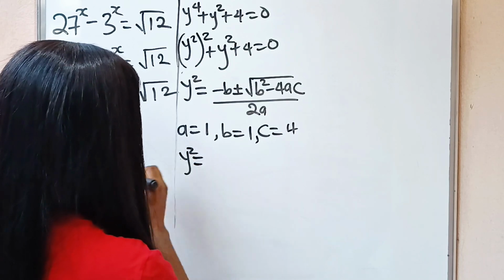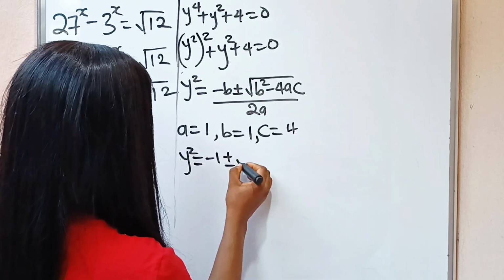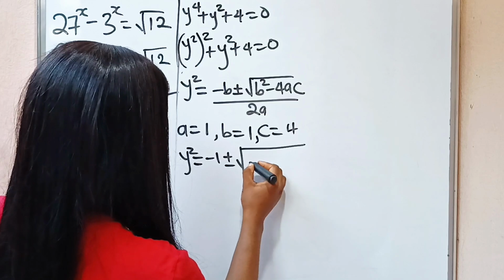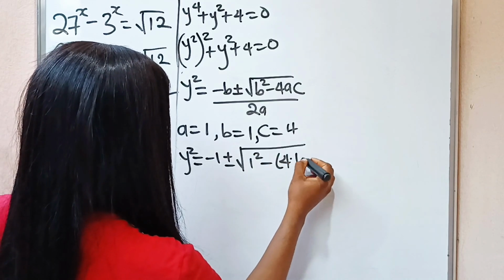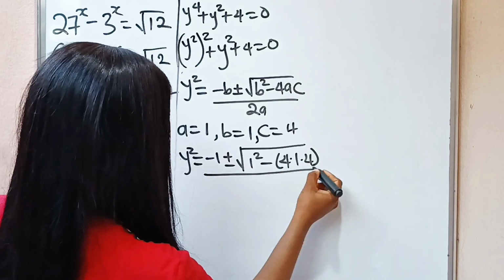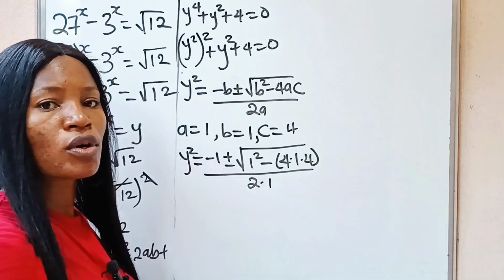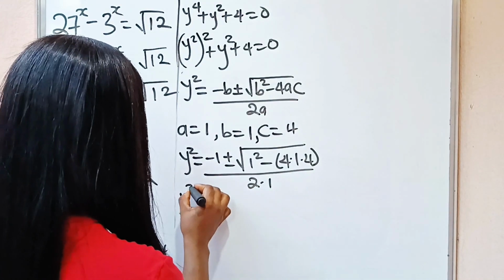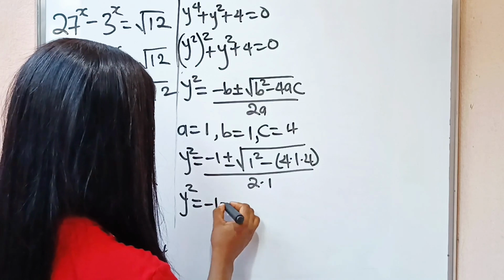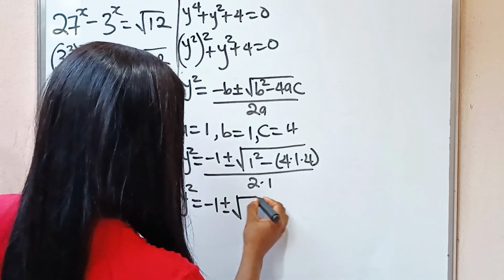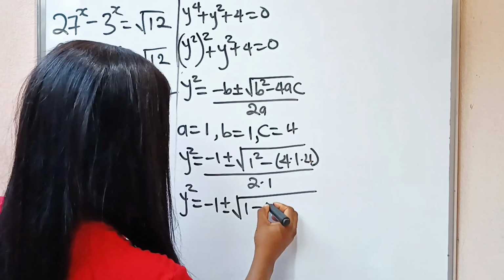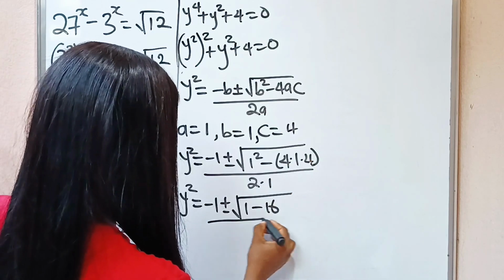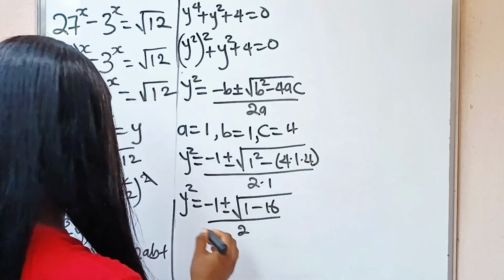So our y squared is equal to minus 1 plus or minus the square root of 1 squared minus 4 multiplied by 1 multiplied by 4, everything divided by 2 multiplied by 1. So y squared is equal to minus 1 plus or minus the square root of 1 squared, which is 1, minus 4 times 4, which is 16, divided by 2.